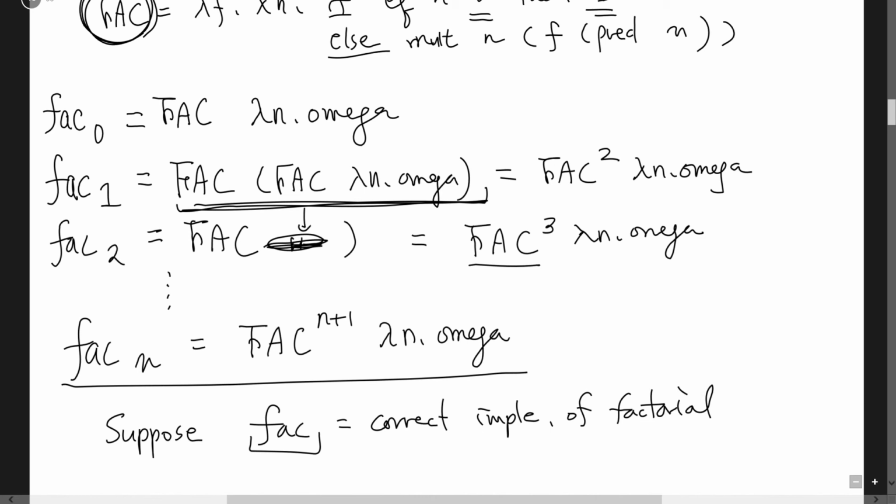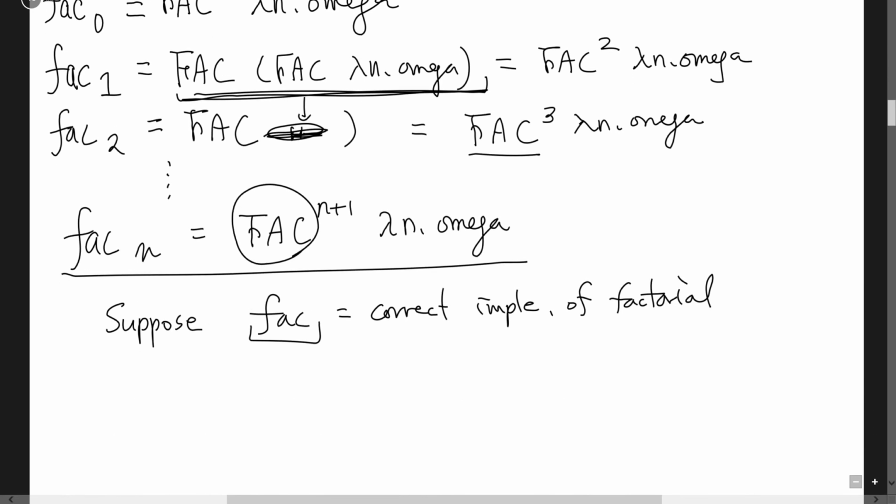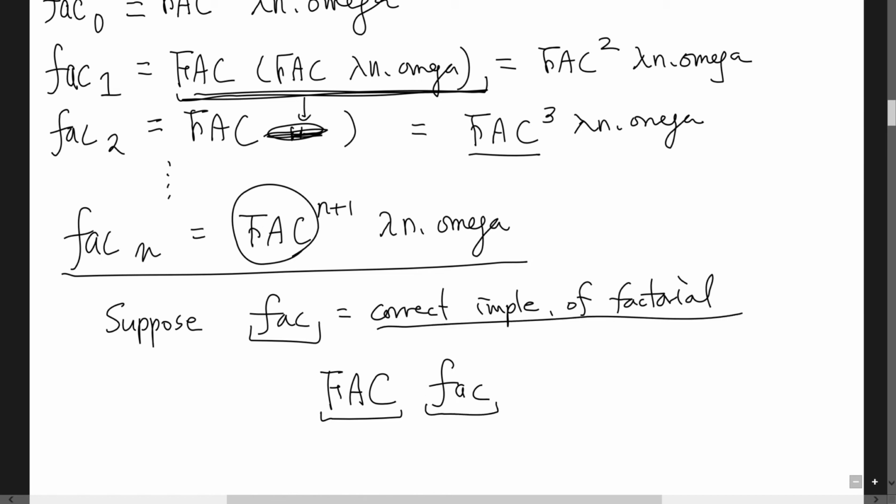And then let's apply this capital fact. In other words, what happens if we apply this capital fact to this correct implementation of factorial? Remember that this function is already a good, correct implementation of factorial. And we applied this capital fact.